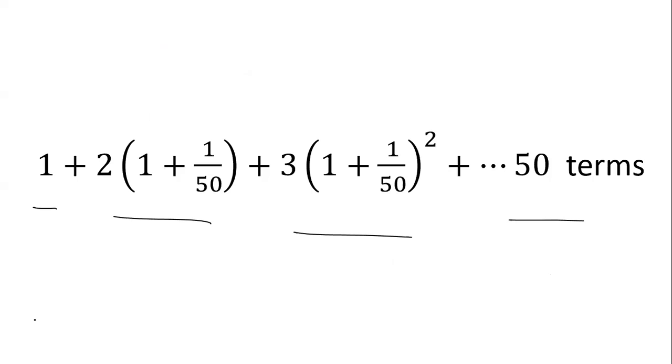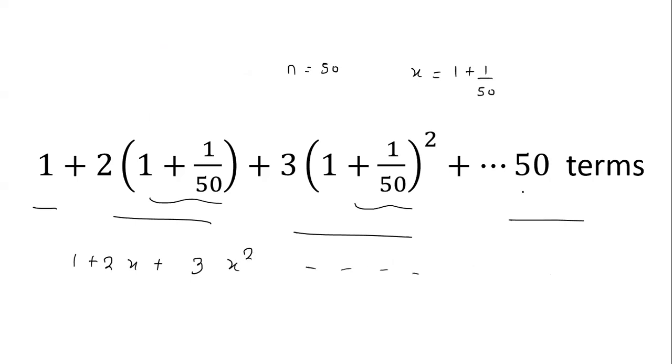So this expression you can write as 1 plus 2x plus 3x square, and up to 50, which is n, so we can write n times x power n minus 1. We can easily write this.